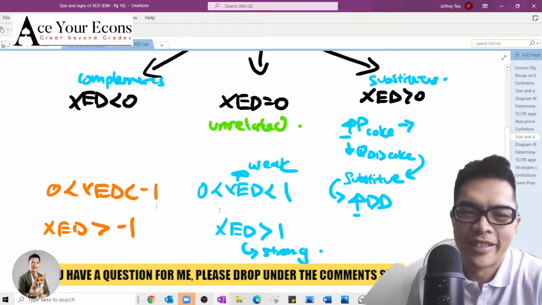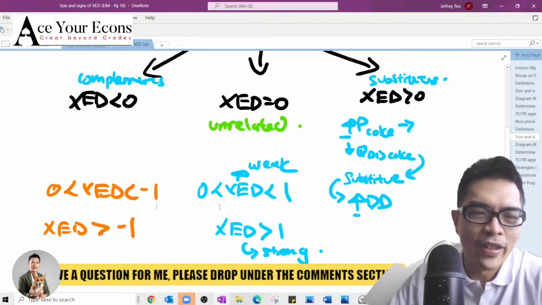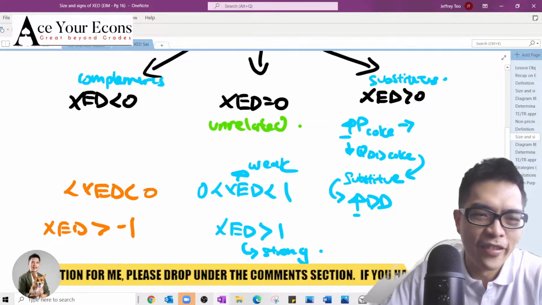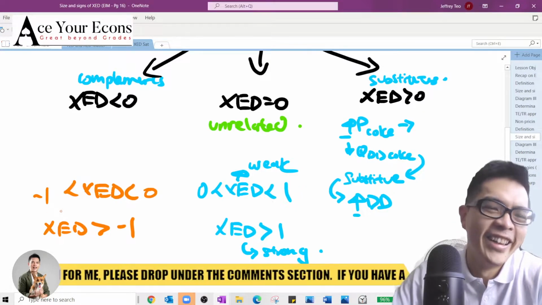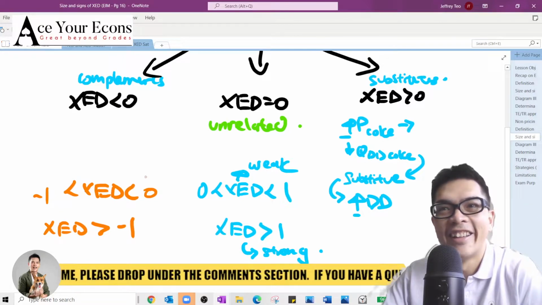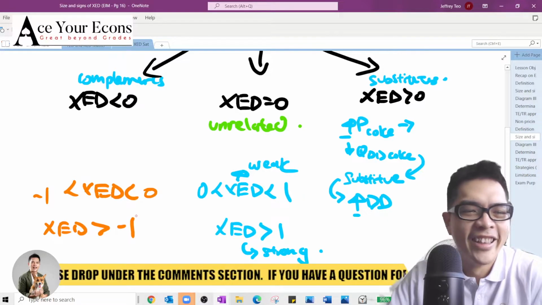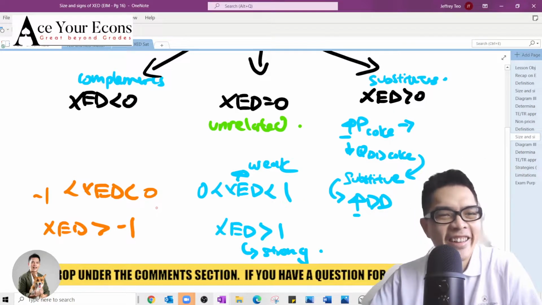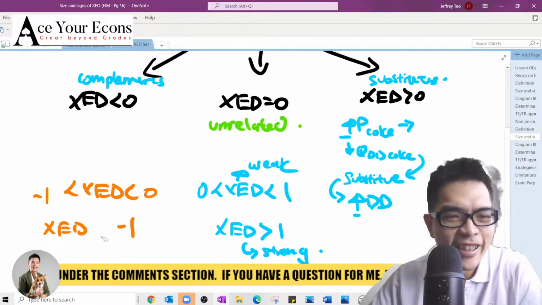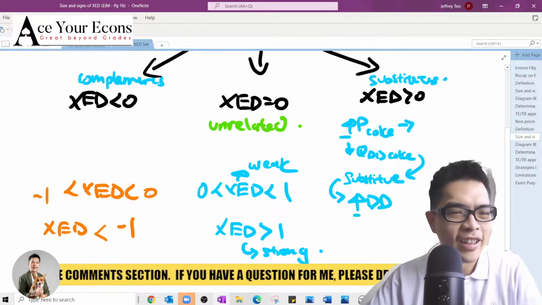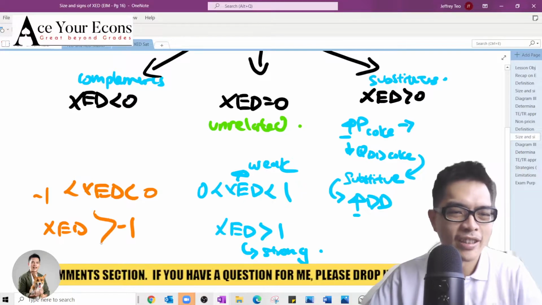I'm not sure whether I even get the sign right. Is it the other way around? Can you all advise? Is it like that? It's smaller than. It should be like that. Greater than, yeah. Should be like that.